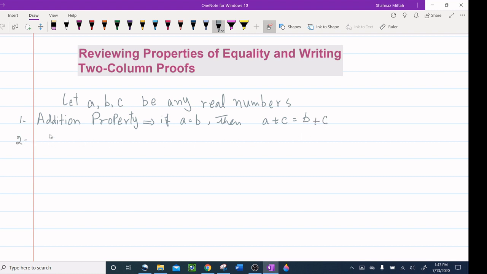Second, the subtraction property. If A is equal to B, then A minus C is equal to B minus C. Third, the multiplication property.